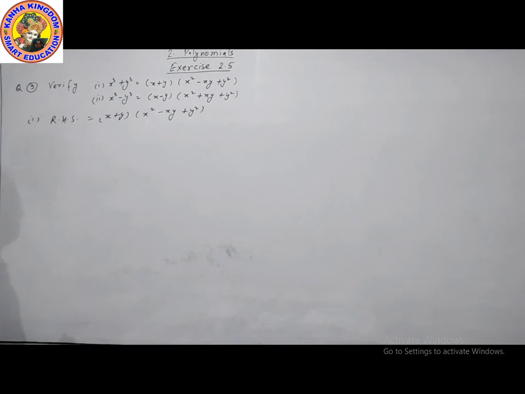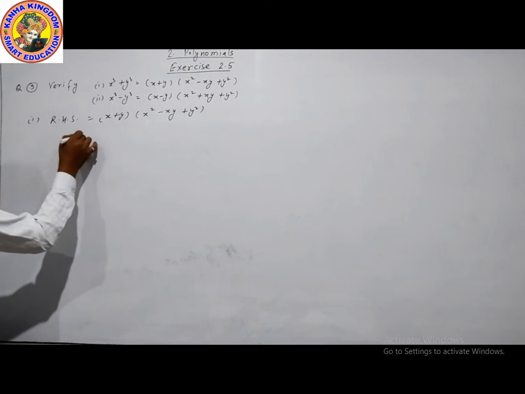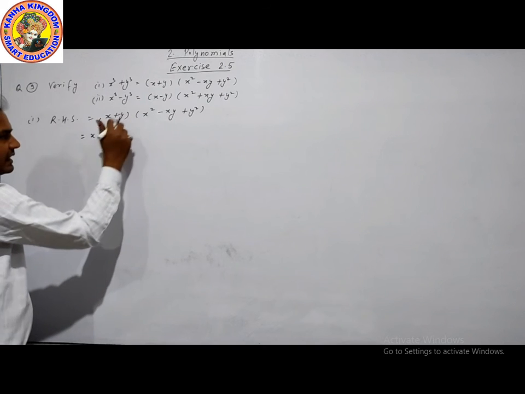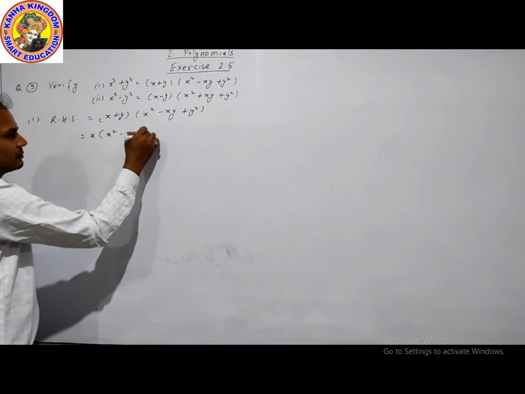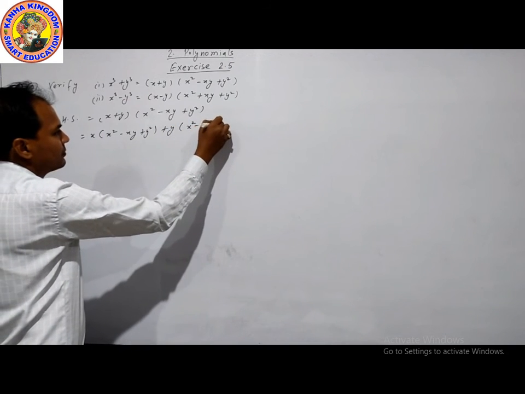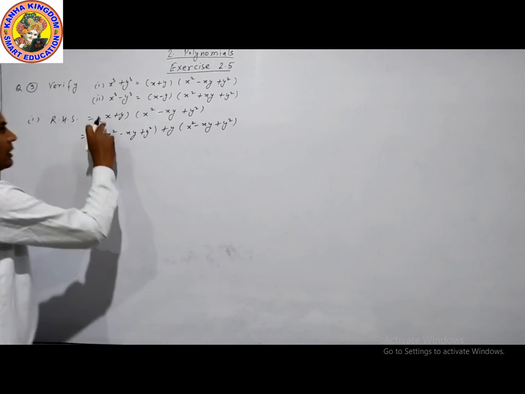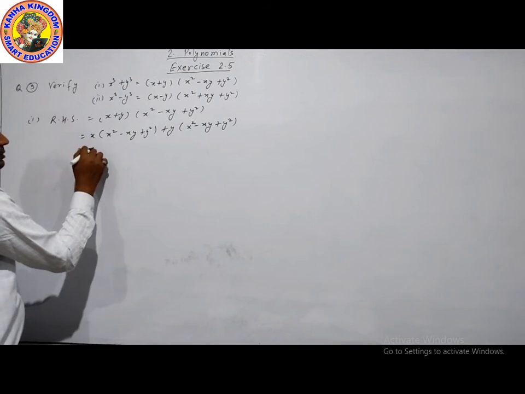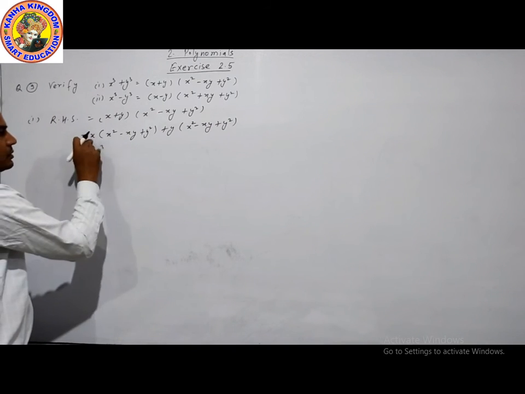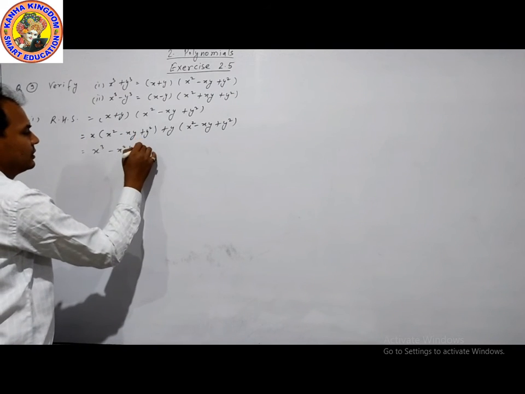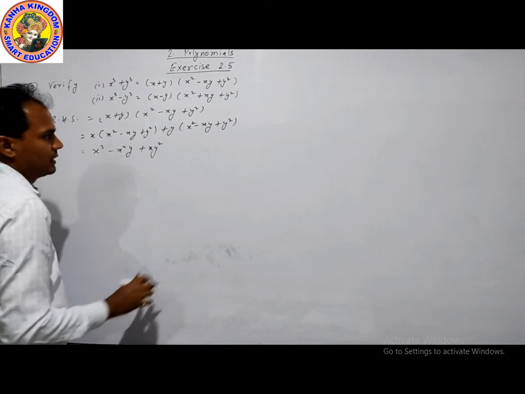This is our equation. Now we are opening the bracket. x into the bracket and y into the bracket. x into x square is x cube, x square y, x y square.